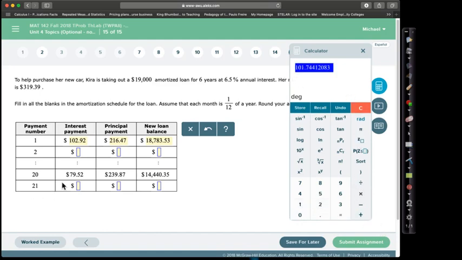It gives us an interest payment of slightly less, $101.74.